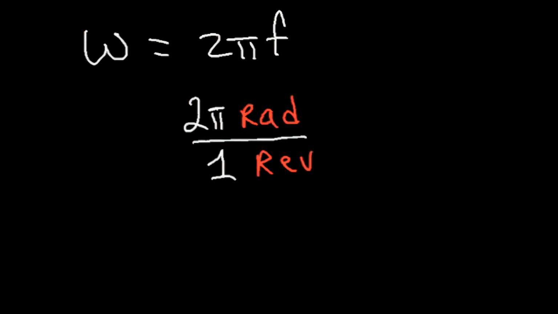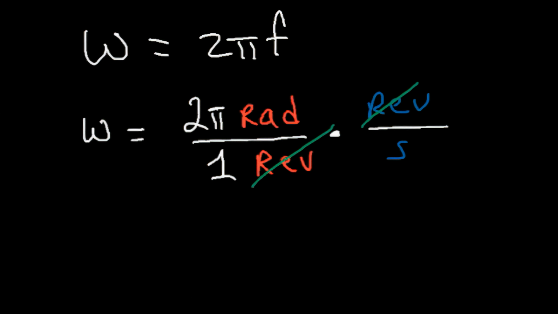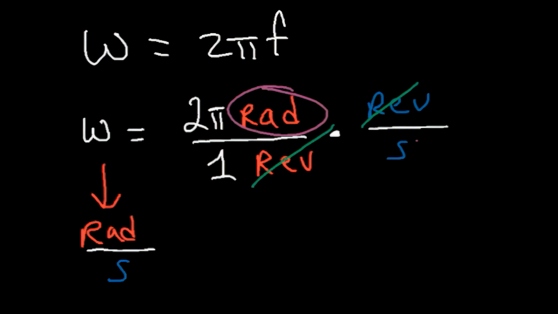And frequency is measured in revolutions per second. So notice that the unit revolutions cancel, and thus you get the units for omega, which is in radians per second. As you can see here, these are the units that do not cancel. And so this is another equation that you want to know.